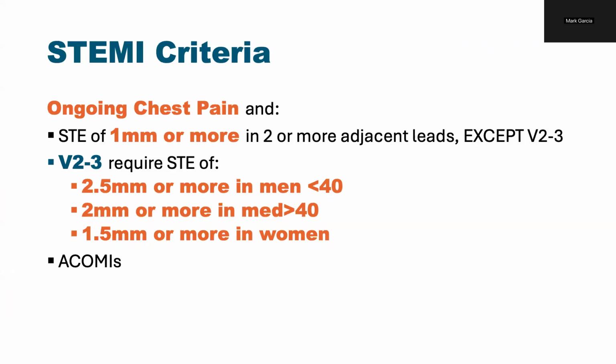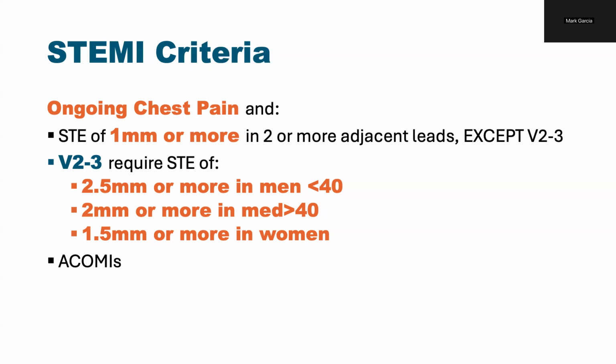In V2 to V3, you require ST elevation of 2.5 millimeters or more in men who are under 40. If they're over 40, then only 2 millimeters. And if they're female, only 1.5 millimeters.